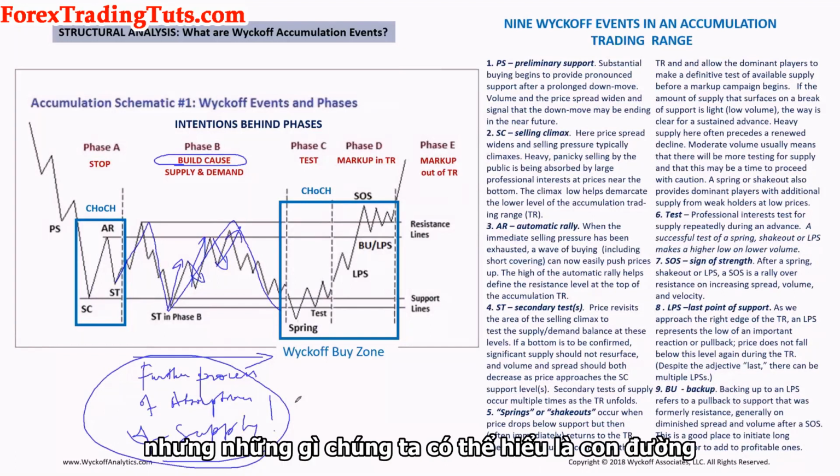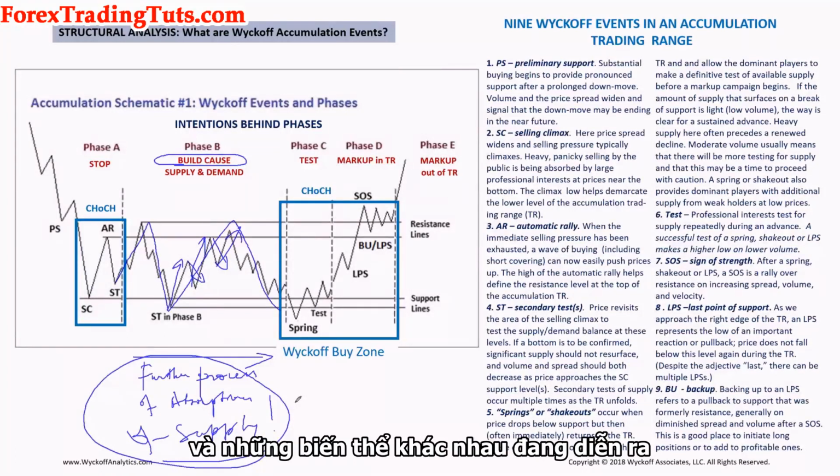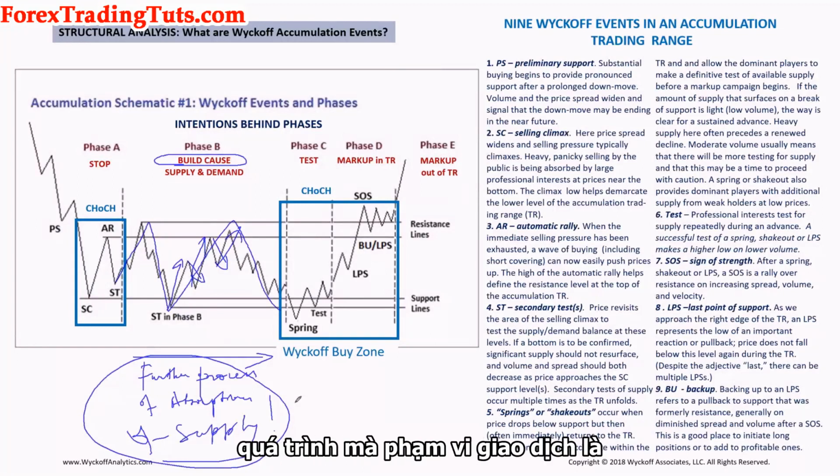But what we could comprehend is the way of how patterns should unfold. And we're obviously saying the pattern will unfold with different variations. And those different variations is going to create different structures, and we have to make sure that we understand the process with which the trading range is going to unfold.